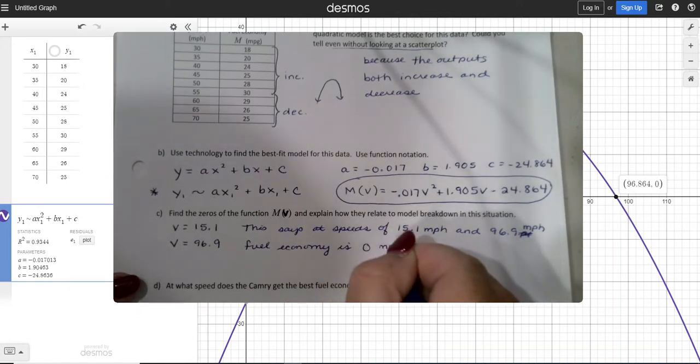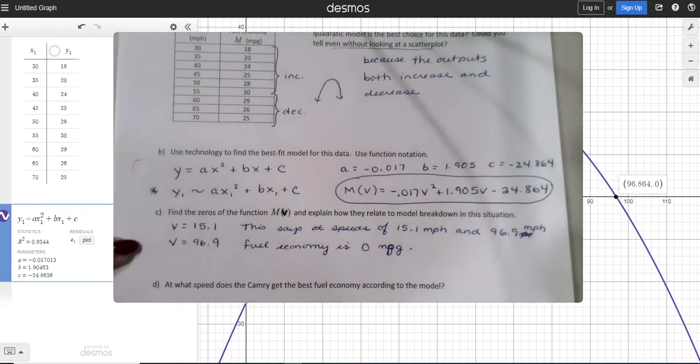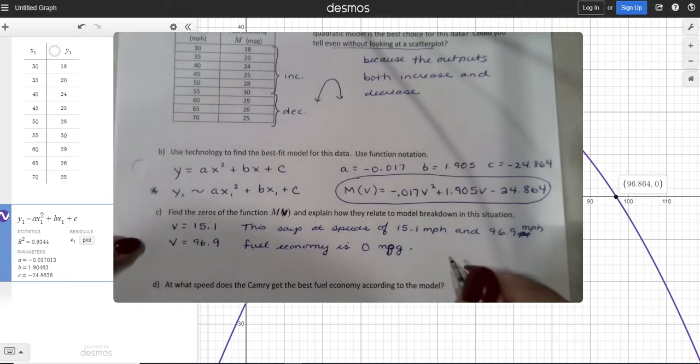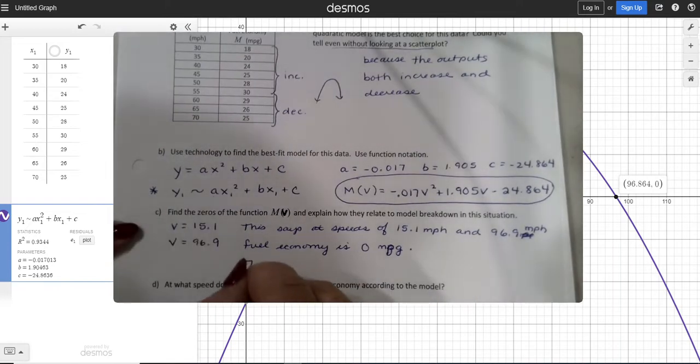Oops, can't write all of a sudden. 0 miles per gallon. Get my abbreviations messed up here. This is certainly model breakdown. You certainly can drive 15 miles an hour and manage to go on less than infinitely much gas. So this is clearly model breakdown.